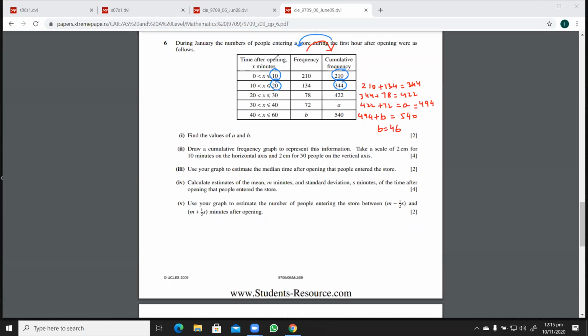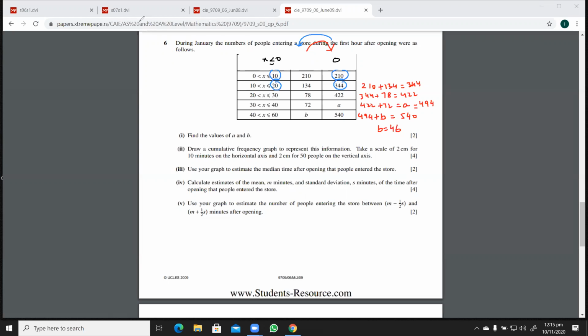So your first point would rather be, if I just add some space here, when you have x is less than or equal to 0, the frequency over here would be 0, okay?